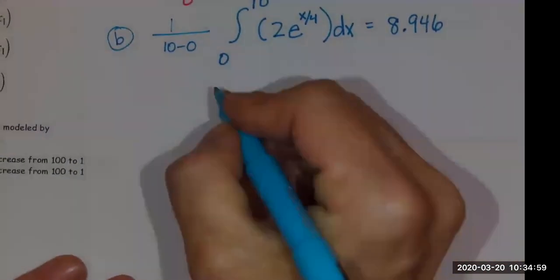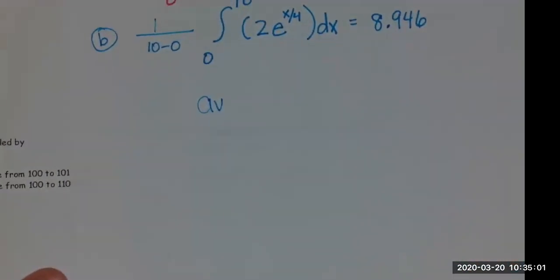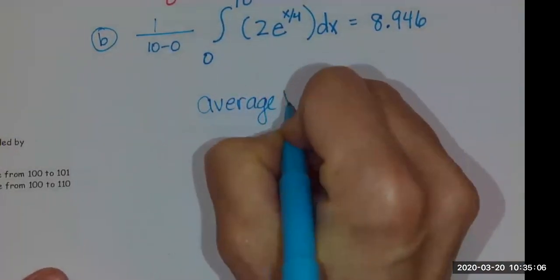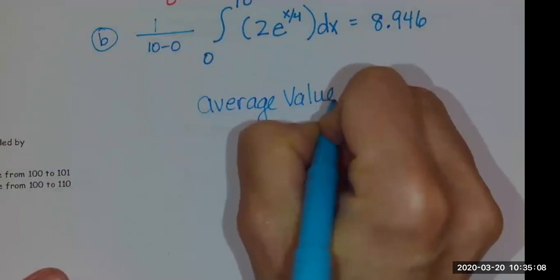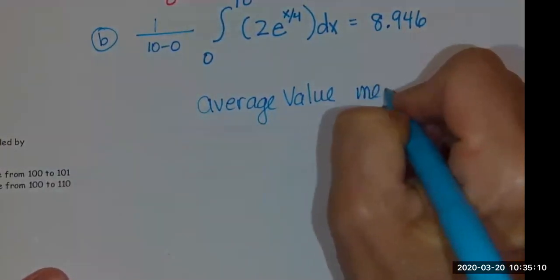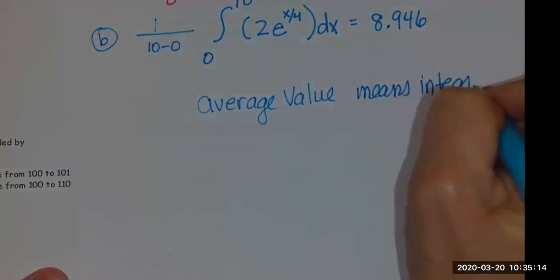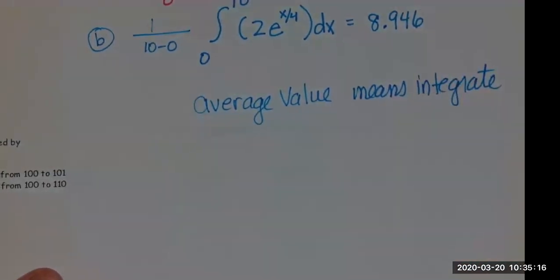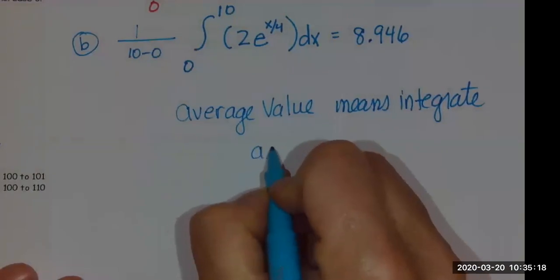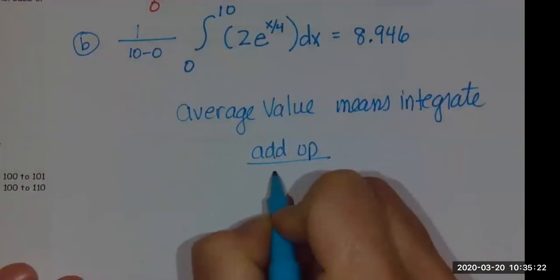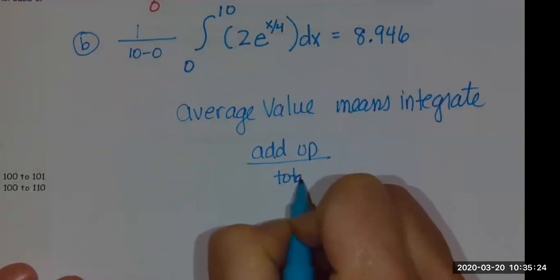Why does average value mean integrate? Let's write this down. Remember, average value means integrate. Why is that? Well, how do y'all find the average of anything? You add up all your numbers and divide by the total, right?